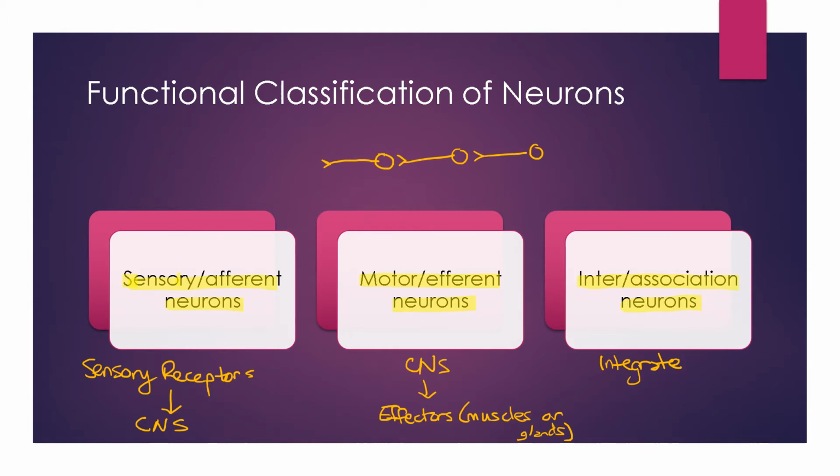In this case, the interneuron is going to be the processing neuron. Most pathways are going to be a lot more complex than just sensory, interneuron, motor neuron, but this is just the simplest form here. Most interneurons are going to be multipolar in structure.